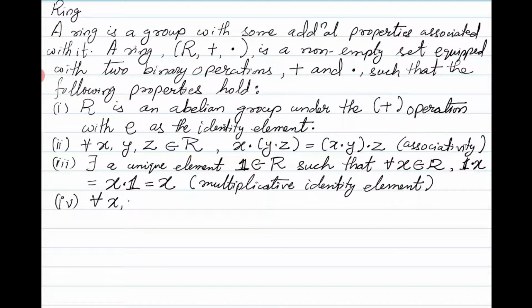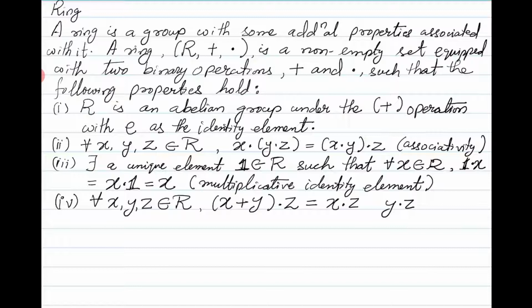So for all x, y, z in R, if you take the addition of x and y and multiply it to z, it is the same as multiplying x to z and y to z and taking a plus operation on the results.